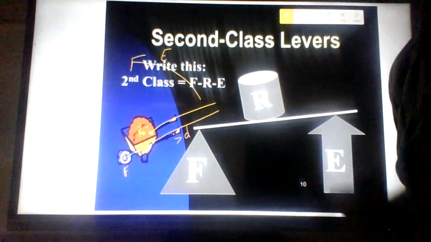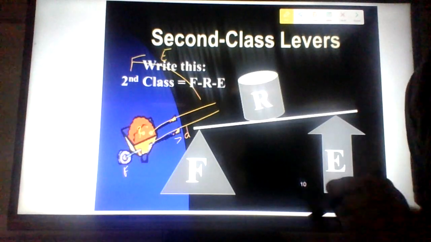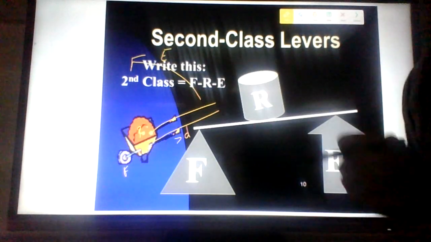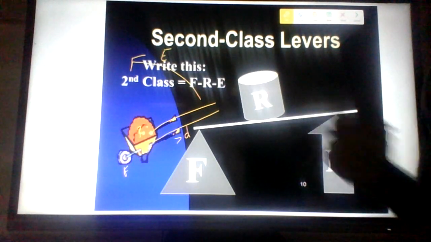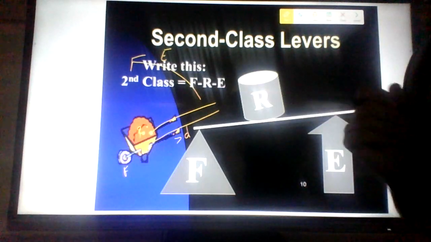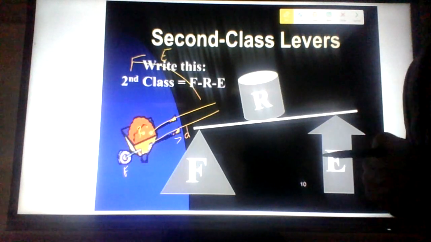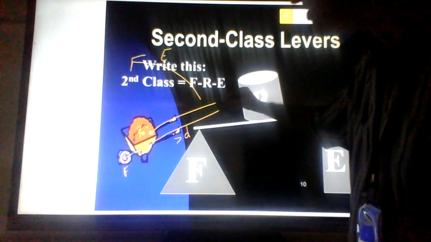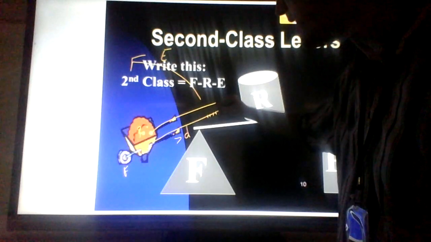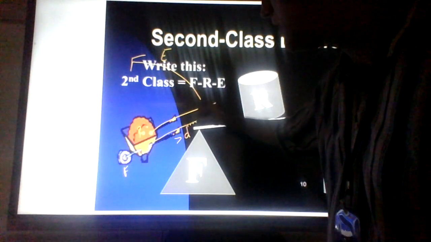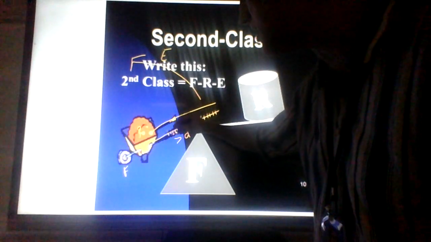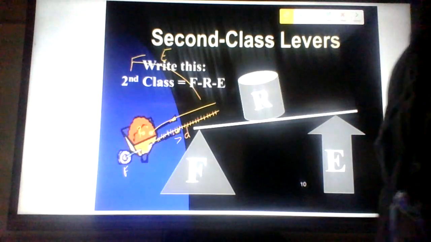I still have the fulcrum, I still have the resistance. A longer handle on the lever, in a second class especially, is going to allow us to dump that wheelbarrow out a lot more easily because we get to use less effort, because that effort is magnified or multiplied along every segment that we can think of on that effort arm.